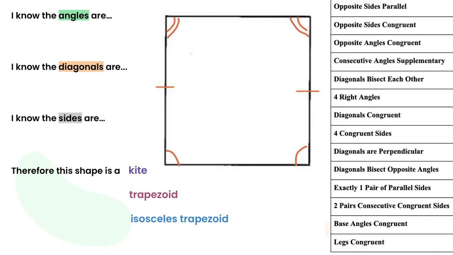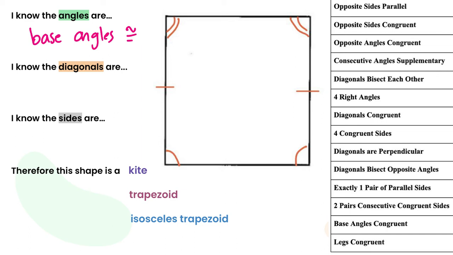So let's go ahead and practice figuring out which properties we're looking at for our kite, trapezoid, and isosceles trapezoid. I have all of the properties listed here, but know that it is going to be one of these three shapes. I see that I have two angles next to each other and two next to each other. So this is that my base angles are congruent.